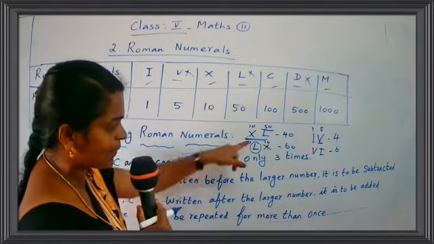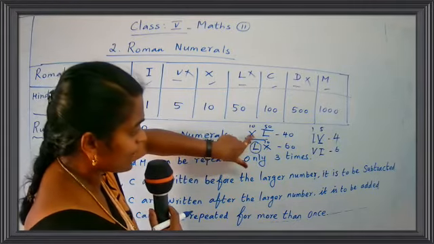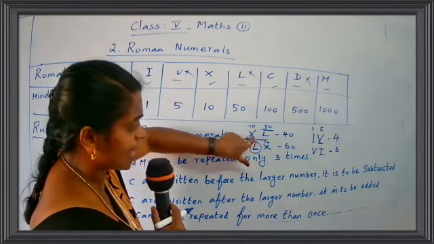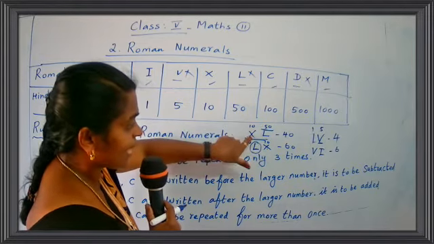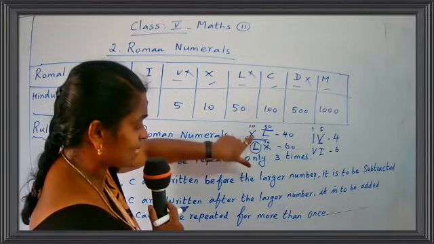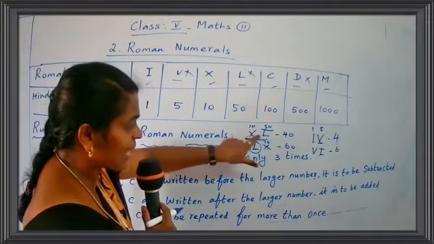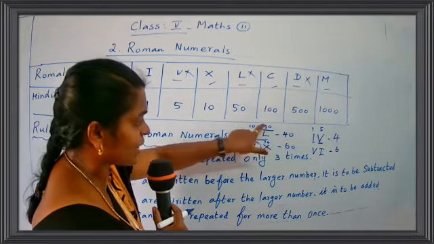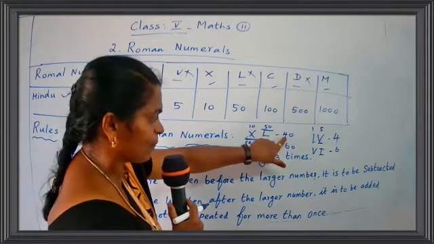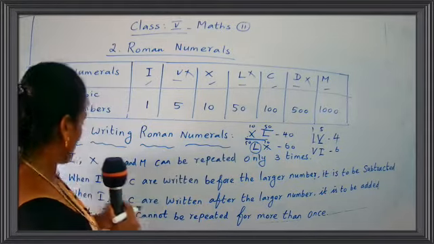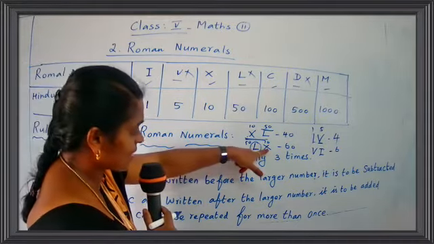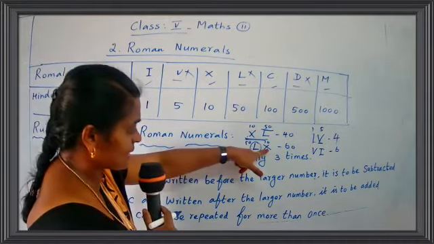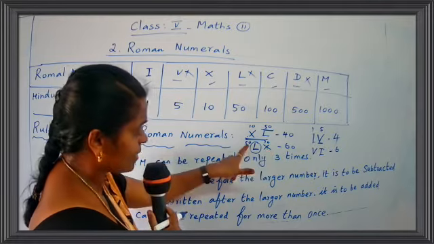For example, here XL. L stands for 50, X stands for 10, but here X is written before the larger number, so it is to be subtracted. So 50 minus 10 is equal to 40. Okay, the same X here written after the large number, so it is to be added.